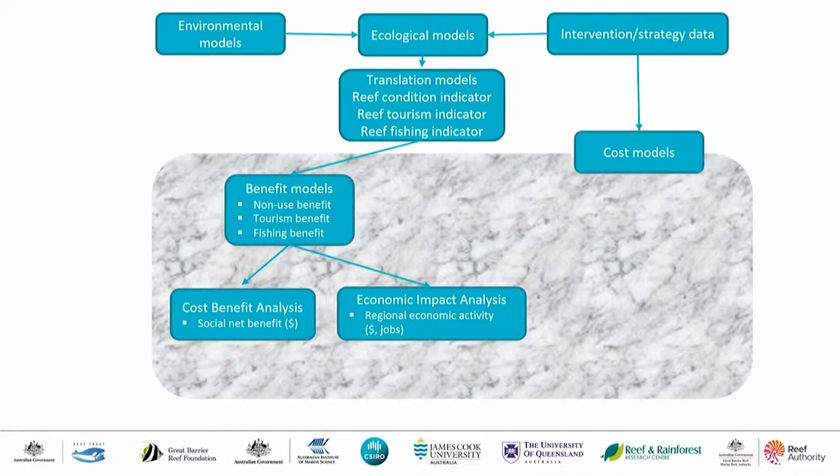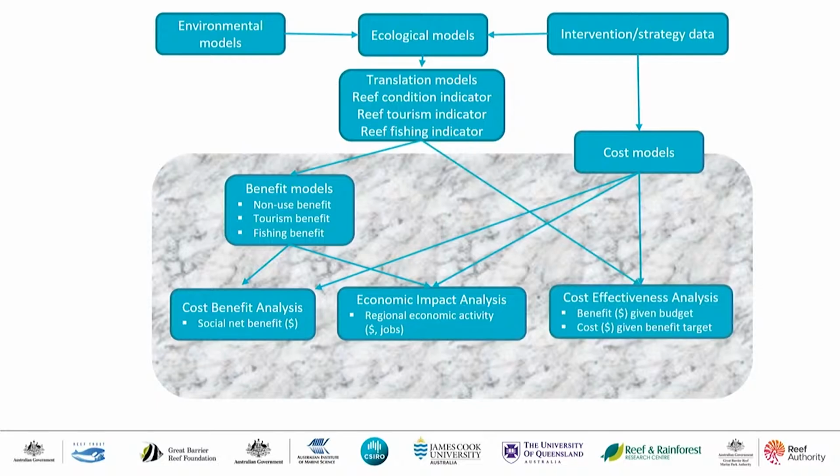Then we also have cost data, which is generated through cost models. And the data from the cost models then feeds again into the cost-benefit analysis and into the economic impact analysis of inputs. So how many jobs do we generate by deploying aquaculture and moving these corals onto the reef, for example? So that's mainly for RRAP.